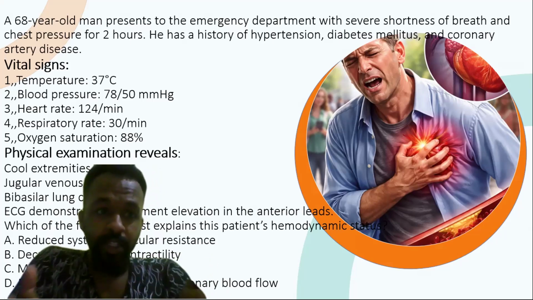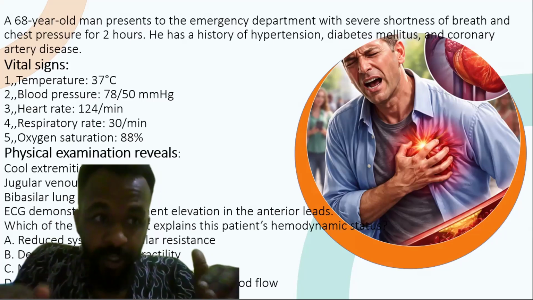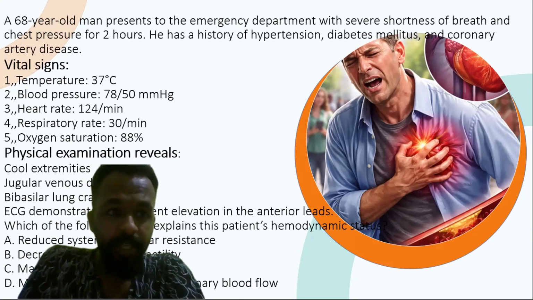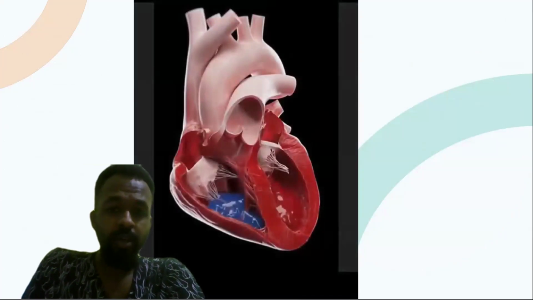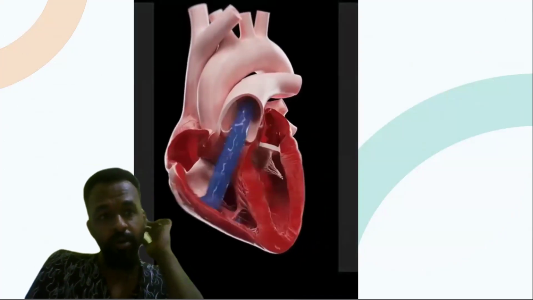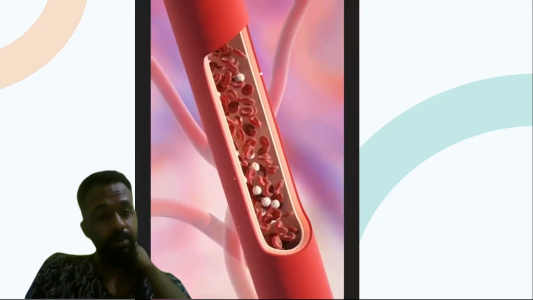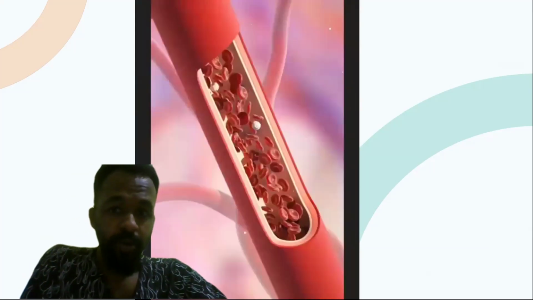This constellation should immediately make us think about cardiogenic shock secondary to acute myocardial infarction. So the correct answer would be B, decreased cardiac contractility. So why do we choose cardiogenic shock? Basically the heart pump is low, the cardiac output is low, and the tissue perfusion is low.